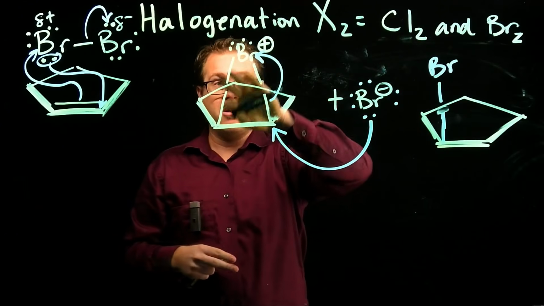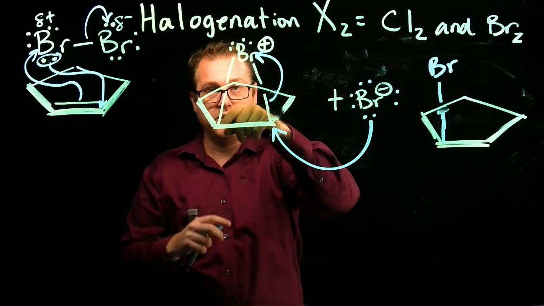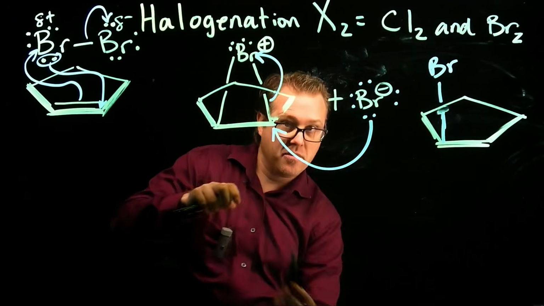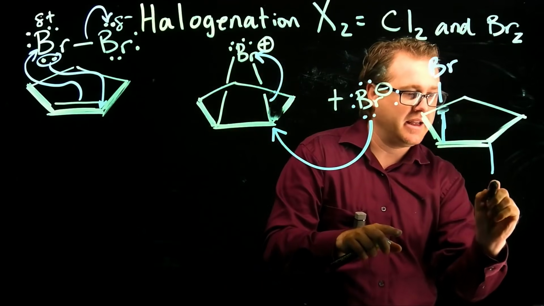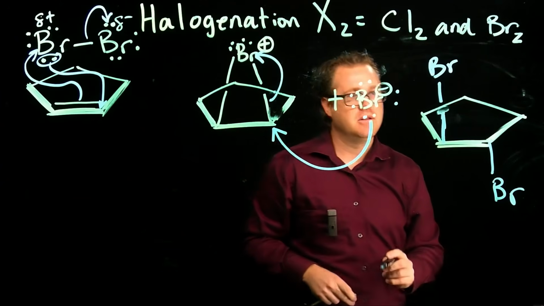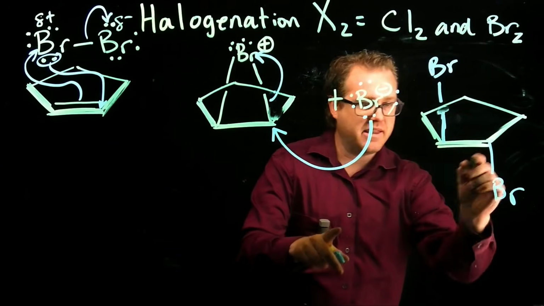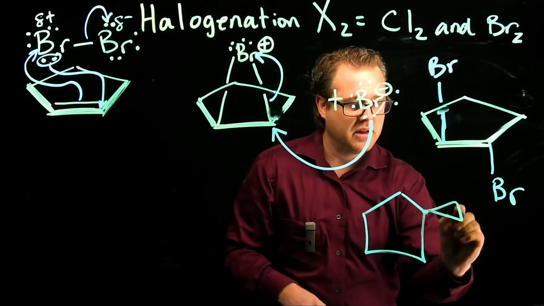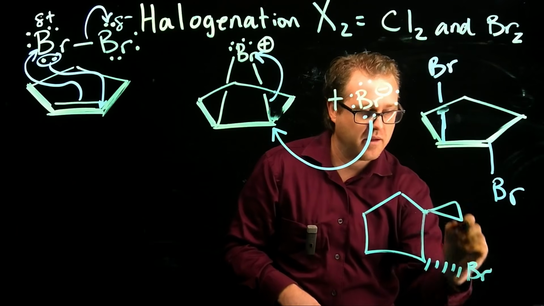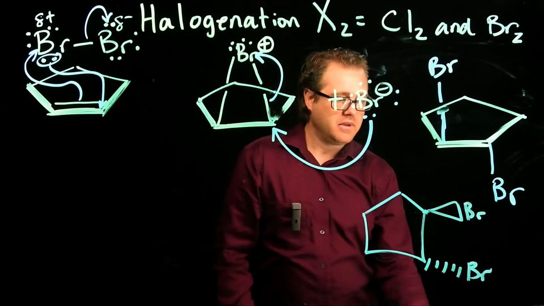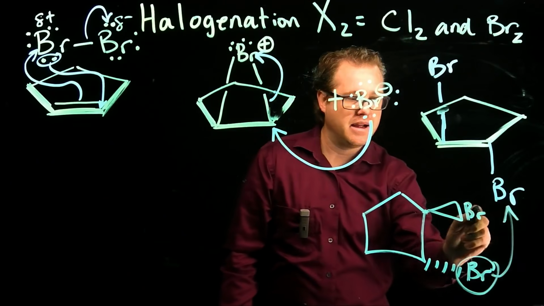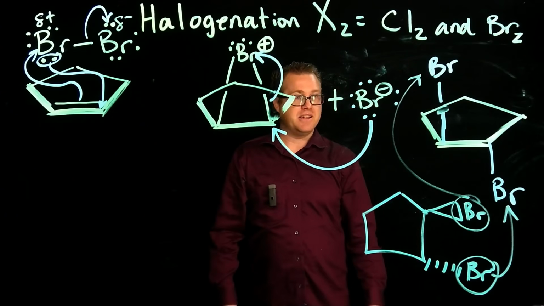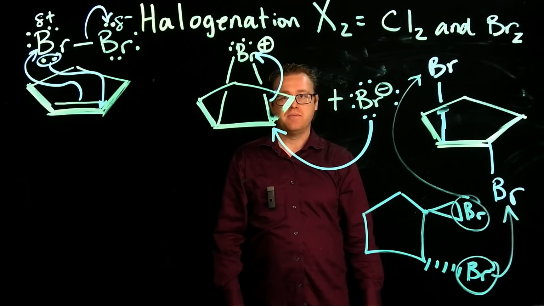Did I draw any arrows showing that bond breaking? No, so it just stays up. But then this guy came in from underneath. And so that guy is down. And so we can take this molecule and represent it like this. So this bromine would be that guy, and then that one would be that guy. So we have anti-addition. Okay?